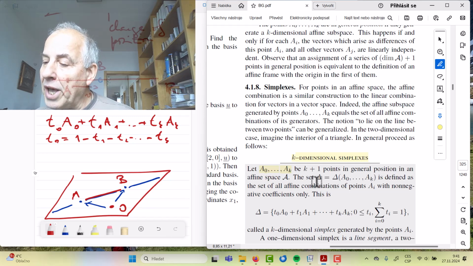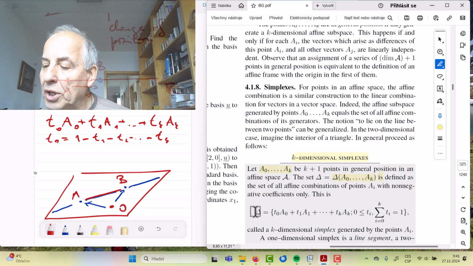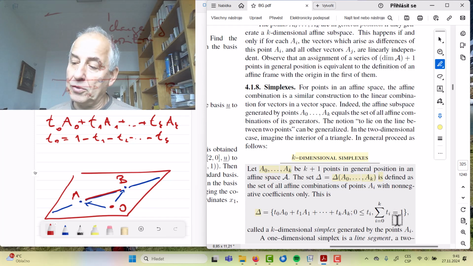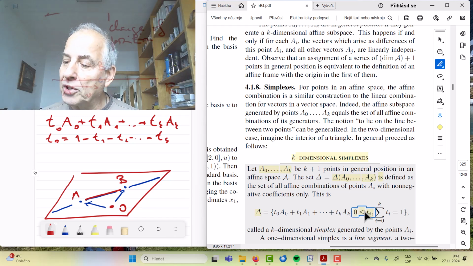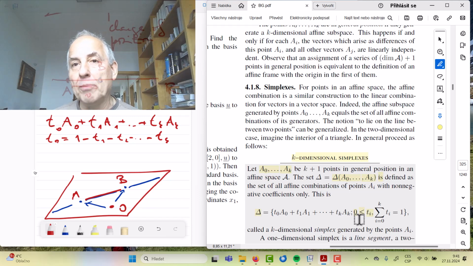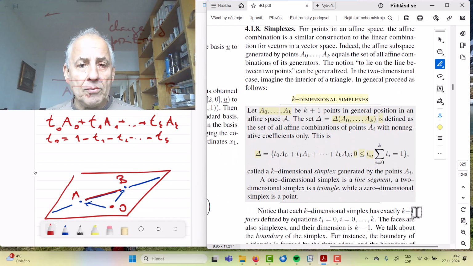The triangle is my notation for the simplex, and the simplex is defined as the set of all the affine combinations which have the property that the sum is 1. That would be the general affine combination, but on top of that we request that all the ti's are between 0 and infinity, but actually it means they are between 0 and 1 because of the other condition. So this is what we get.